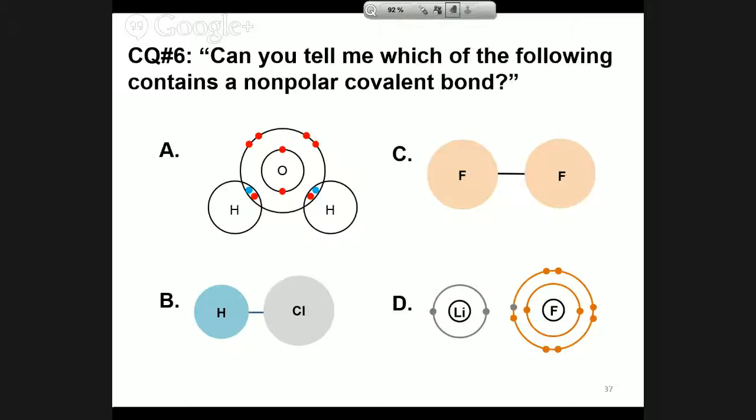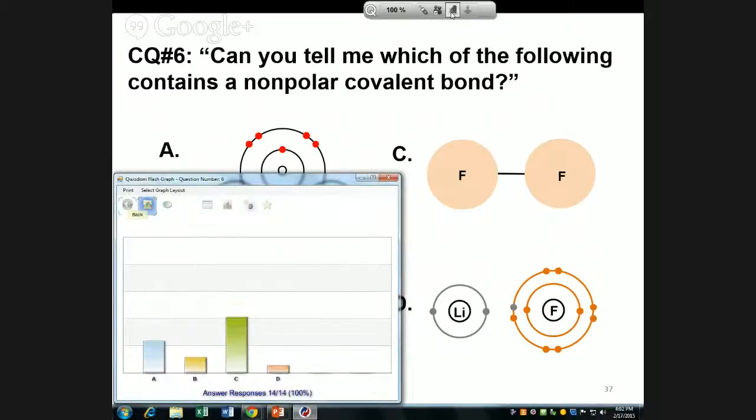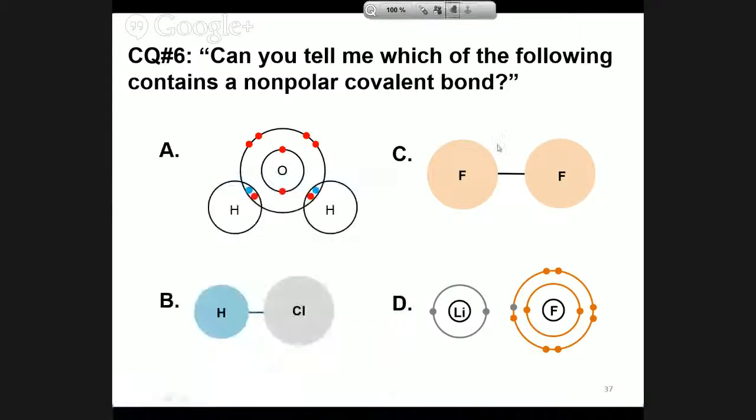One more. Check your screen. Make sure you submitted your answer. There we go. So there are the answer responses. Which one's correct? C. C, yeah.